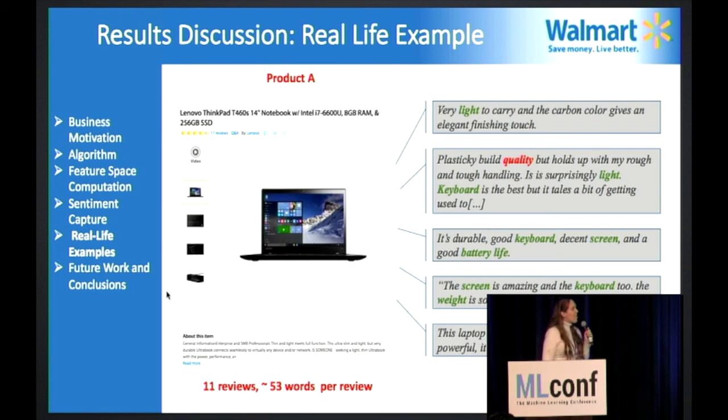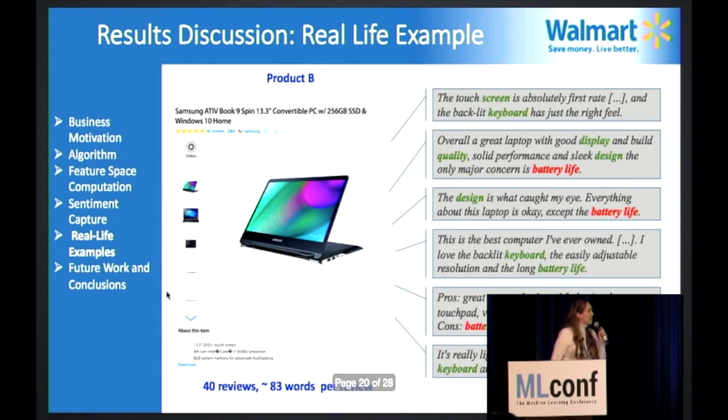Before I move on to the next example, I would like to emphasize this. The actual number of words that were used by people who left a review for that product was about 50, right? If you compare that to the next product, that number is now 80. So it basically means that people were more verbose and more descriptive when talking about product B for some reason.